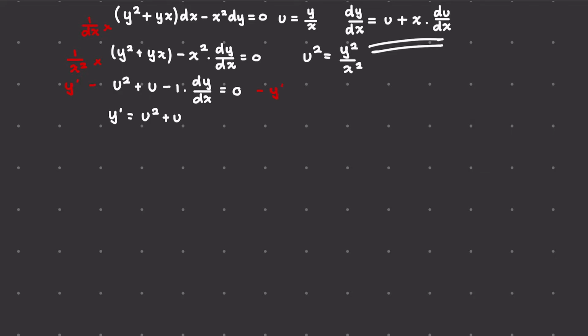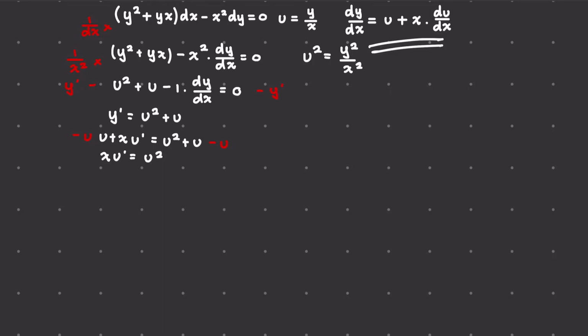Okay, so we have u plus x times du over dx, which is u prime, equals u squared plus u. And we're going to subtract u from both sides to remove the u on the left side here. And so x times u prime equals u squared.